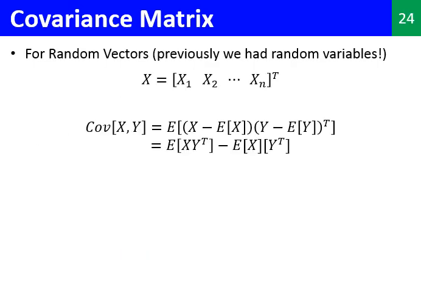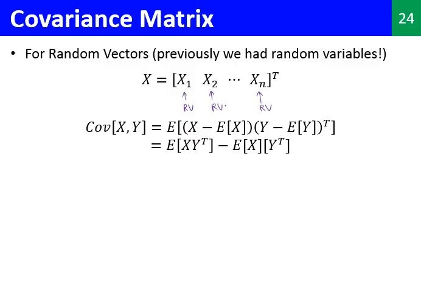To understand Kalman filters, we should know multivariate Gaussians, and for multivariate Gaussians, we should know what a covariance matrix is. So if we take random vectors, now remember previously we were talking about random variables. So in a random vector, for each entry now we have a random variable.